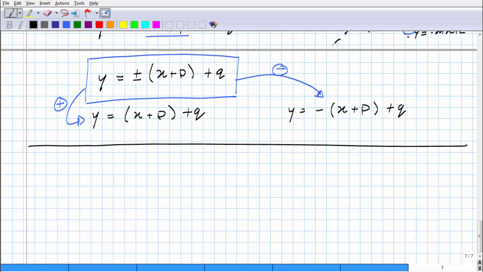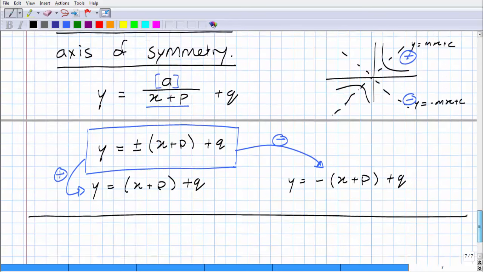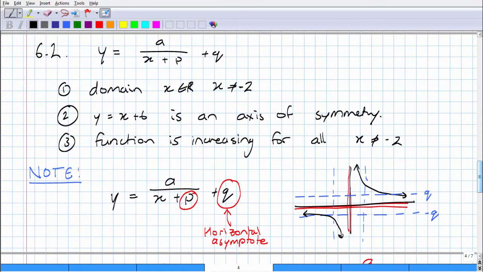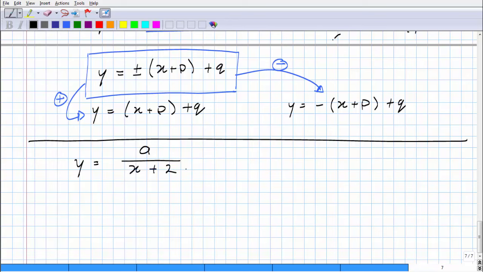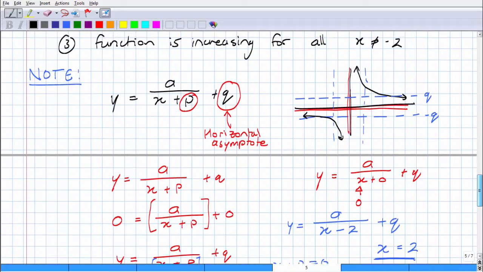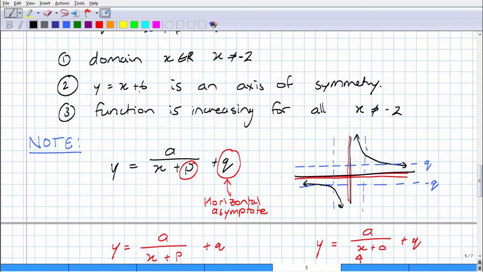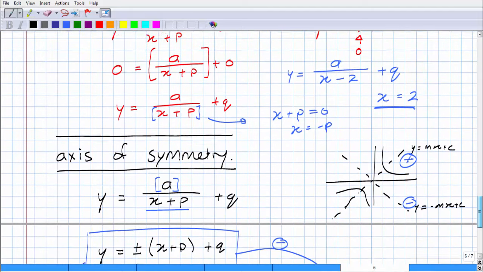Right. Now, if we go back to the actual question, the domain is anything except x not equal to negative 2. So in other words, they're saying if we have y equals a over (x plus 2) plus q, that tells us that x cannot equal negative 2, because if x is negative 2, then this whole thing bombs out. So we found our p-value. Then they said this is an axis of symmetry, x plus 6, and that's the positive axis of symmetry.